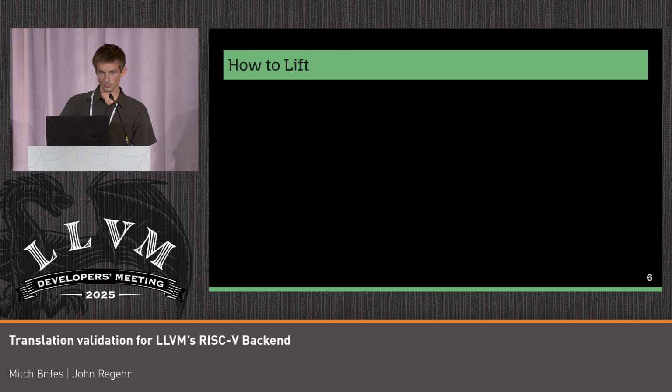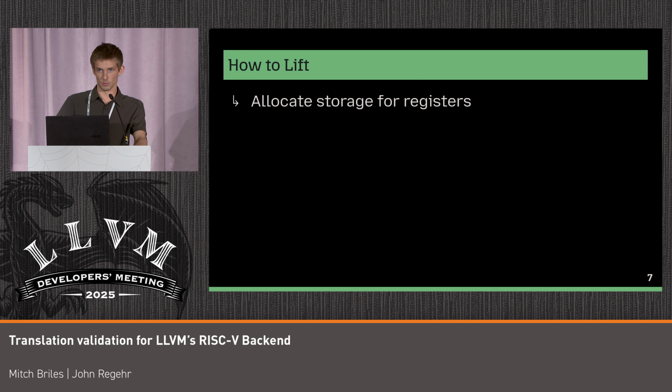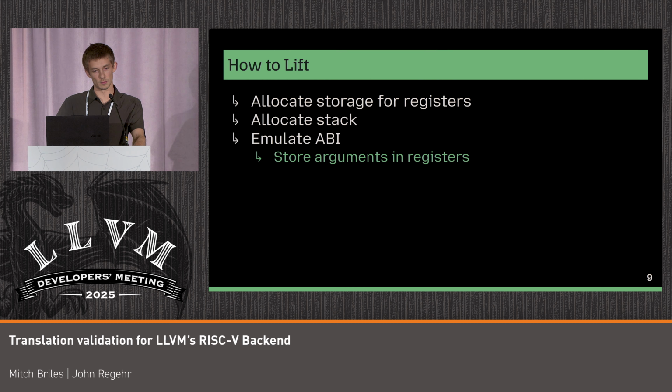So let's talk about how the lifter works. The first step is going to be allocating storage for the registers, and then we allocate a stack and emulate the ABI. The reason we're doing all this is to basically emulate an execution environment for a RISC-V function.